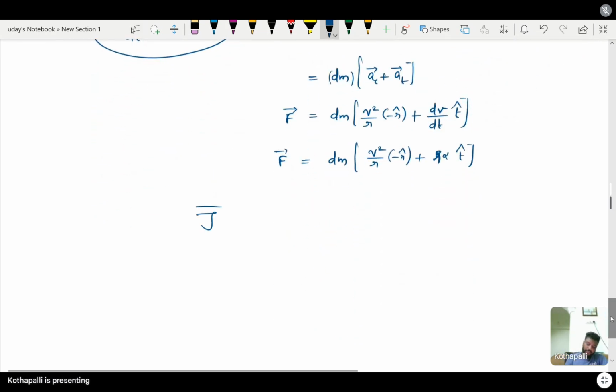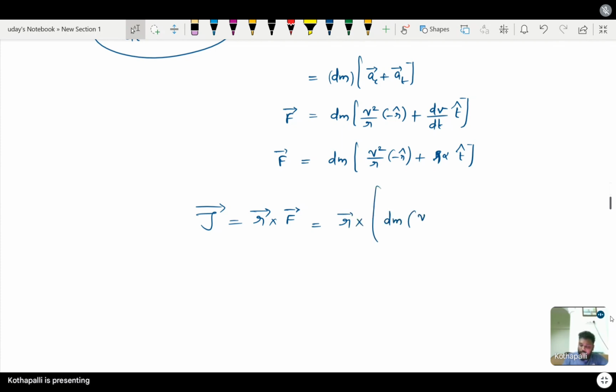Torque will be r vector cross F vector, isn't it? Which means r vector cross dm into v square by r into minus r cap, plus r alpha into t cap. Actually this is d torque, because we are taking dm.